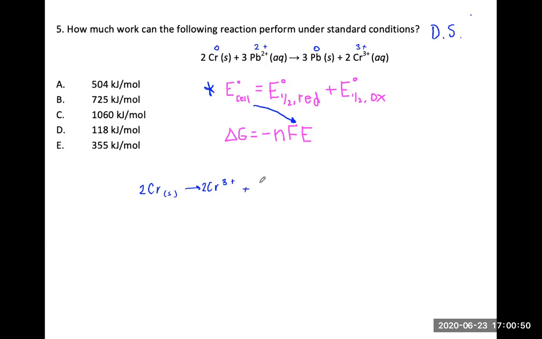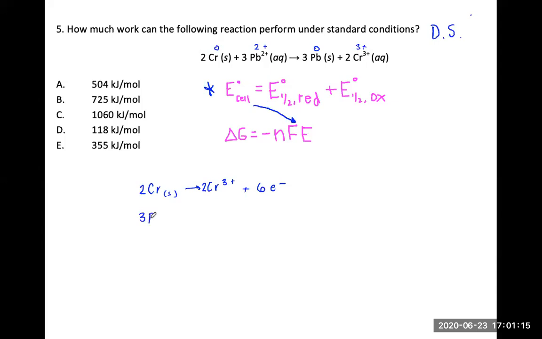Since it is balanced, we're going to have 6 electrons exchanged because each chromium is losing 3, and we have 2 chromiums. So we're going to have 2 times 3 electrons being exchanged. Then we can see our lead is going from 2+ to 0, so it's being reduced and gaining electrons.